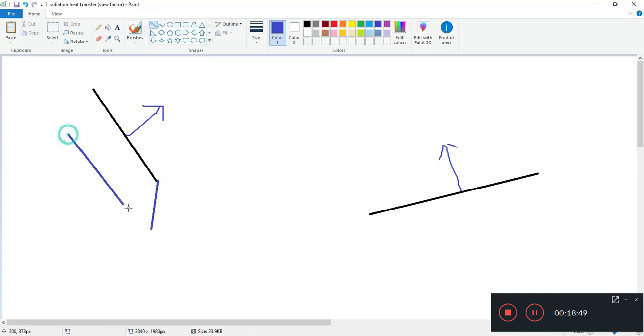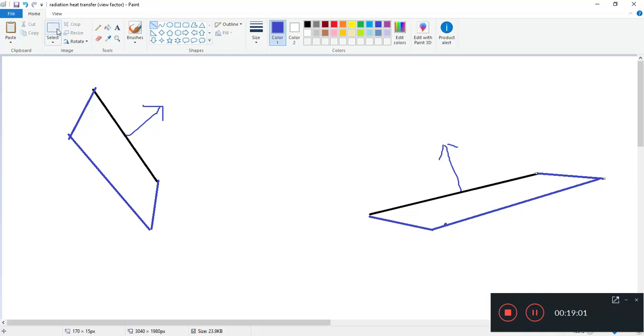We can have 3D plates, 1 and 2. Let me try and draw.